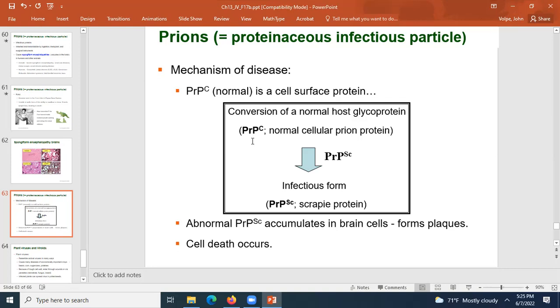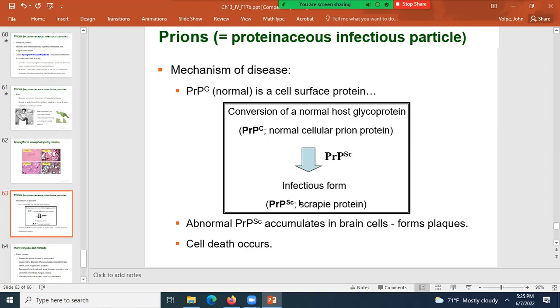The prion protein is folded in a different pattern than the normal protein is folded. And how the prion protein replicates is the prion protein comes up to the normal protein and then causes the normal protein to change its folding pattern into the prion form of the protein. Any question about any of that?